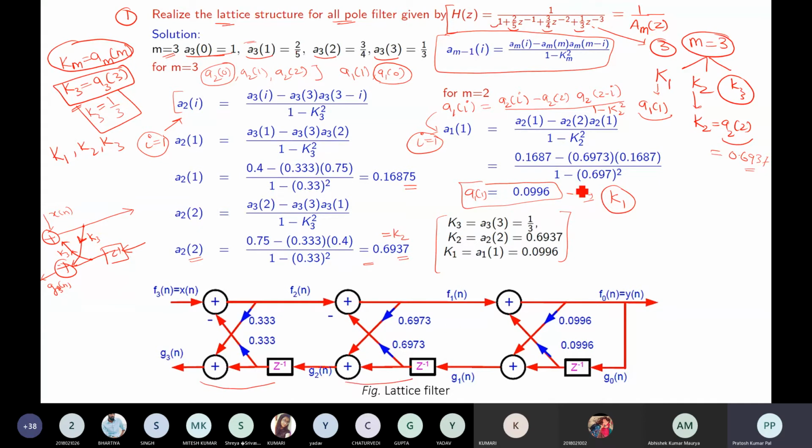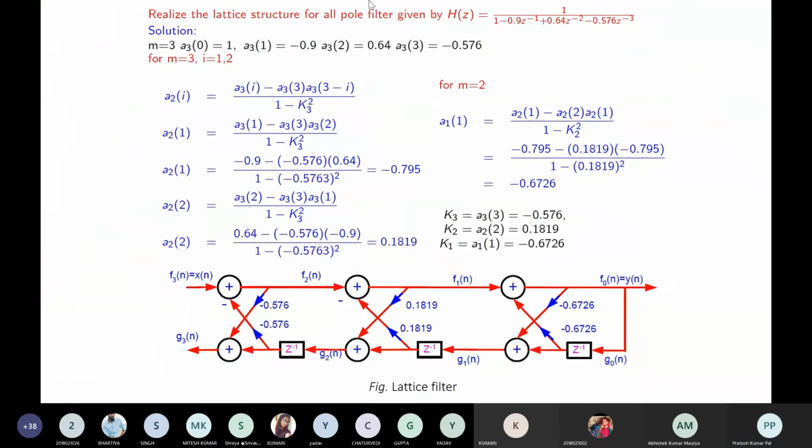If m equals 3, that means 3 stages will be there. If m equals 2, 2 stages will be there. Once we know k1, k2, k3, we can directly put these values. One thing we need to remember is the negative sign. There should be a negative sign. So this is the lattice realization of this all-pole system.